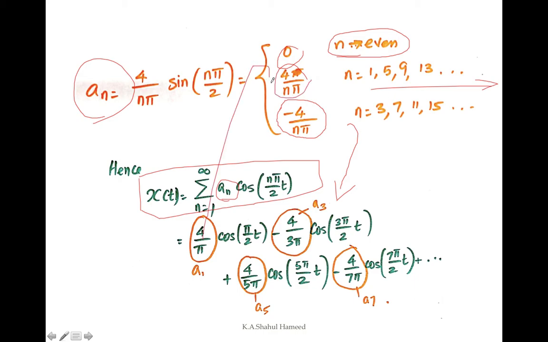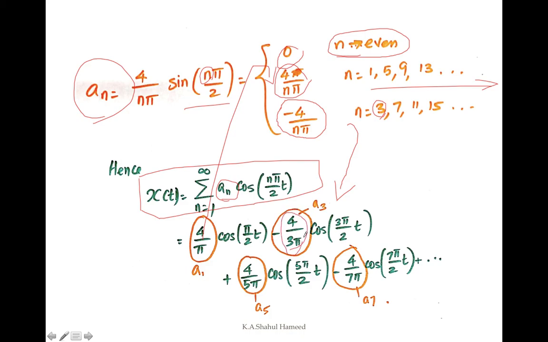When n is equal to 2, automatically the value will become 0, because substituting n is equal to 2, the 2 by 2 cancel and sin pi is equal to 0. When n is equal to 3, you will get minus 4 by 3 pi.